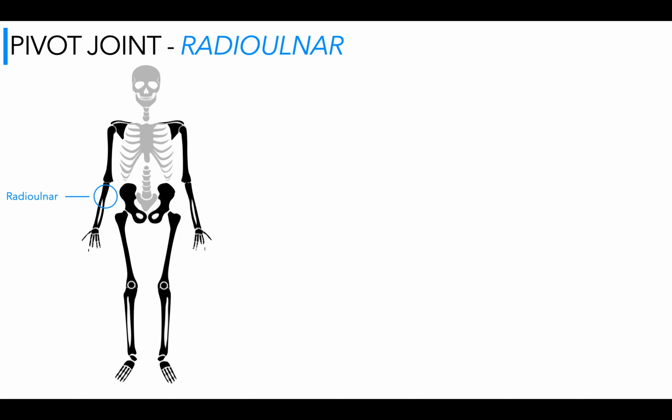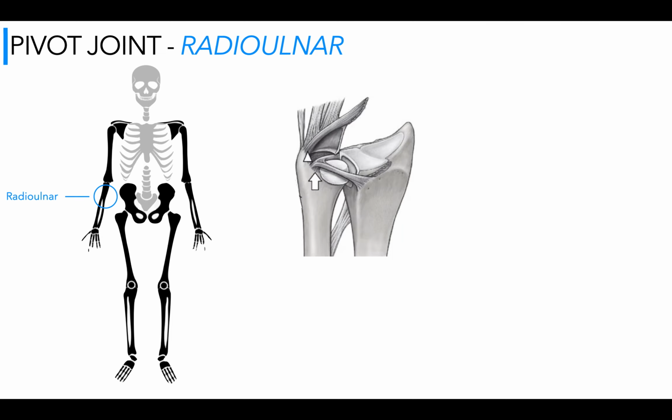We'd quite simply find that at the proximal end of the radius, the radio-ulnar joint. So here, if we look at the image, as well as the bone, we have that curved end, but the ligament is almost encircling the bone and providing that ring-like shape.